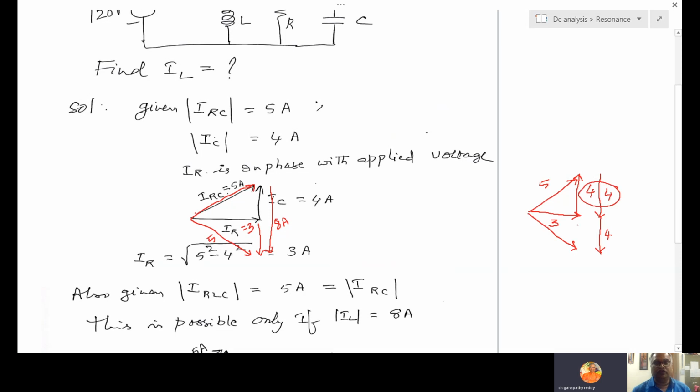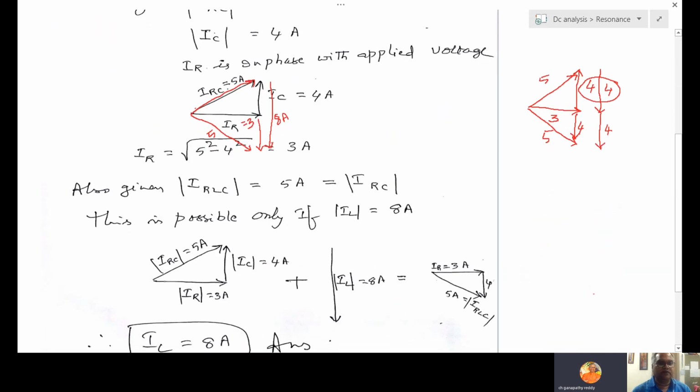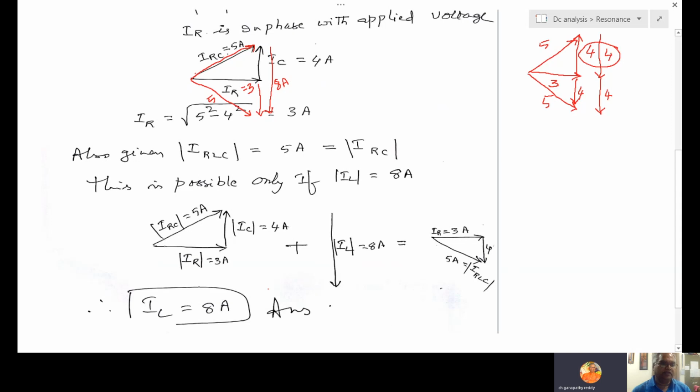Then how much is remaining? 4 down. So this vector is 4. So 3 plus 4, 5. Now this length is 5, this length is also 5. Now this condition is satisfied. So what is the IL current now? IL current is 8. So IL current is 8 amp. So this is a little bit of a critical concept.